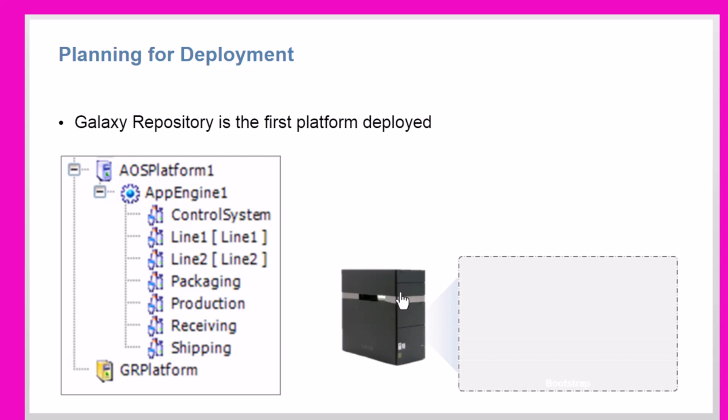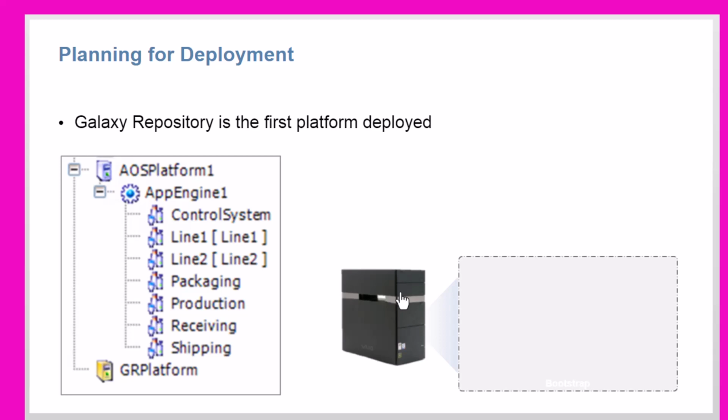The first WinPlatform instance deployed is used as the Galaxy Repository, GR, which is different from subsequent platforms because it is the WinPlatform for the Galaxy Repository. The icon for the GR node is always yellow instead of the standard white. Also, the GRPlatform object is automatically configured with the computer name of the Galaxy Repository node.